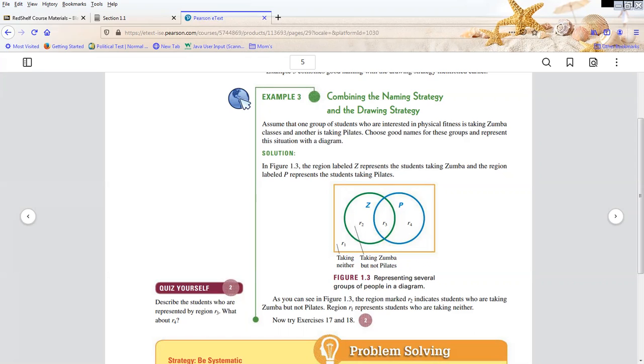So in the region R3, this group would be students taking Zumba and Pilates.